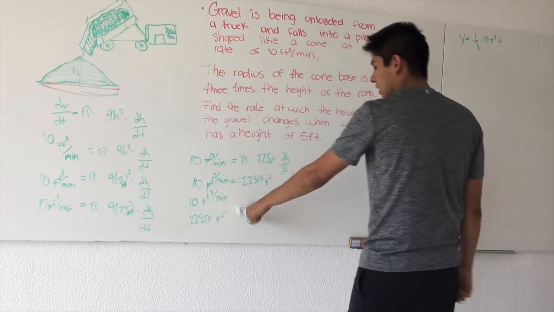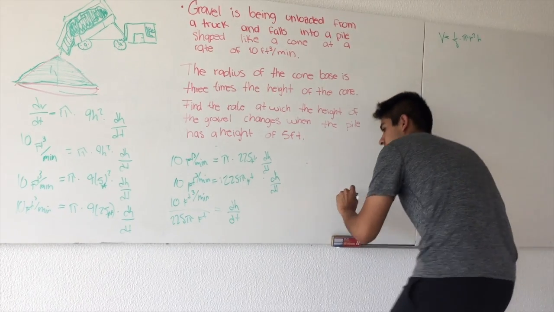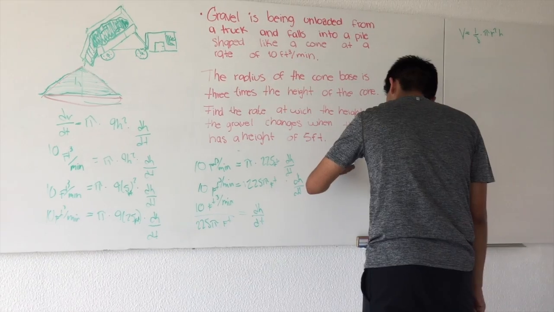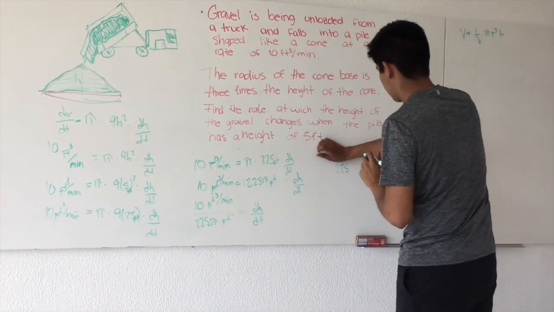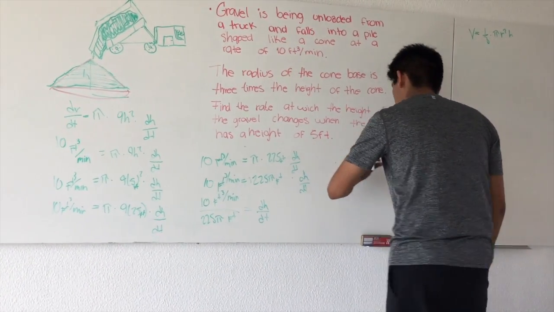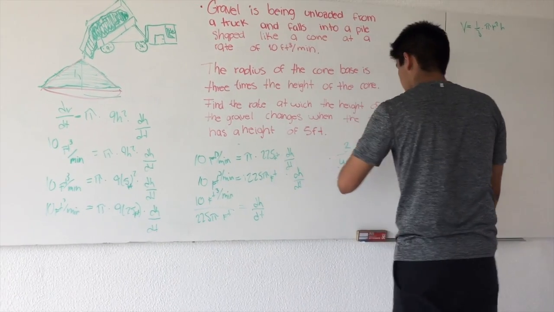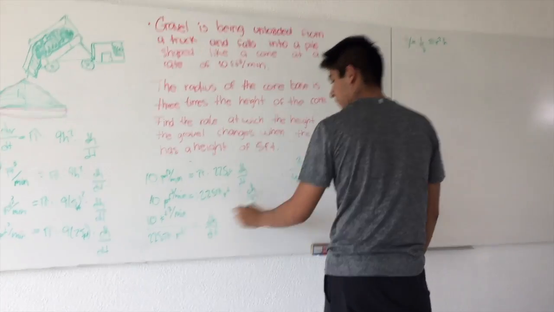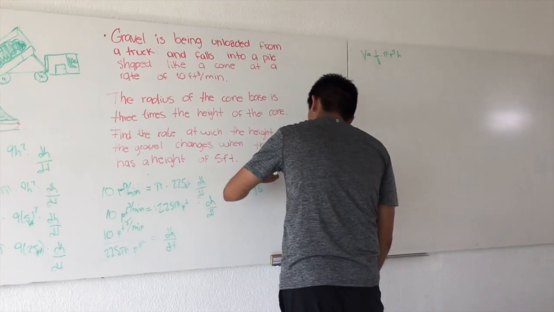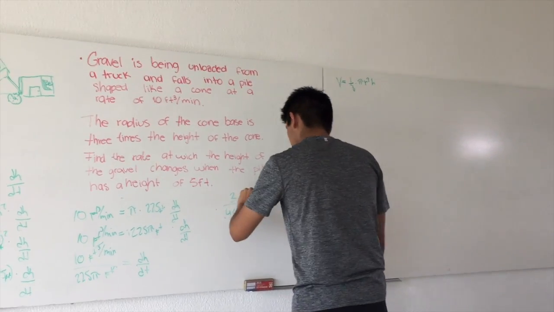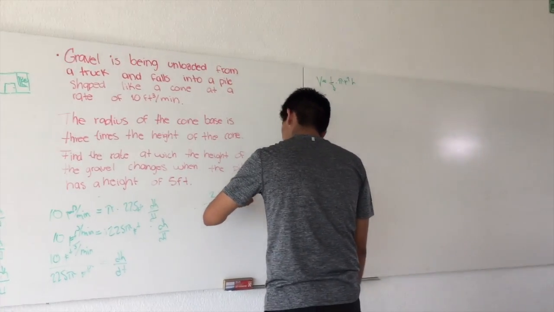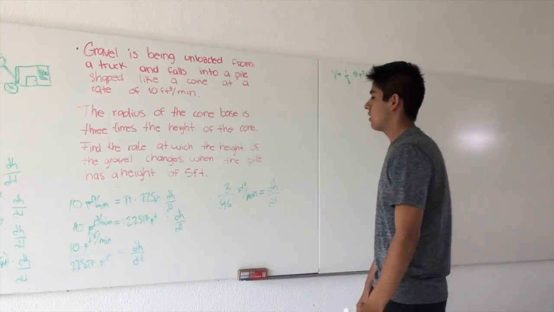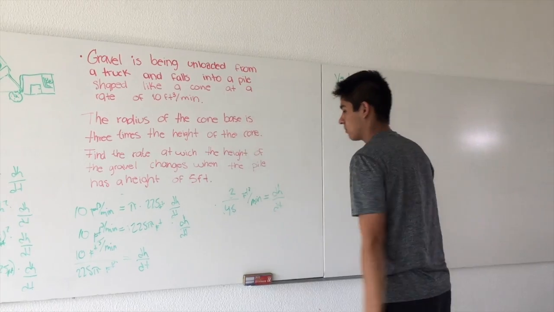And now we can leave it at this, or we can simplify it. 5 over 5, this is going to be a 2. This is going to be a 45. We have the feet simplified, so we get feet squared over minute is equal to dh over dt, that is the rate of change of when the height of the gravel changes.